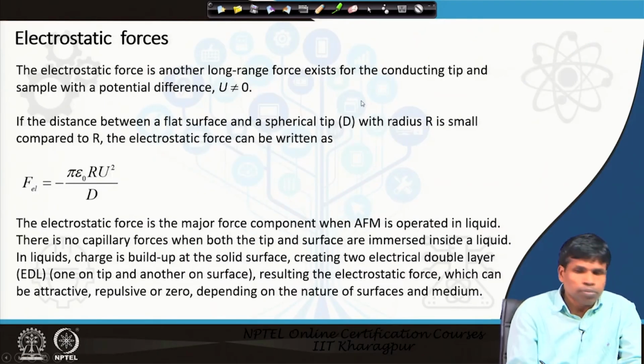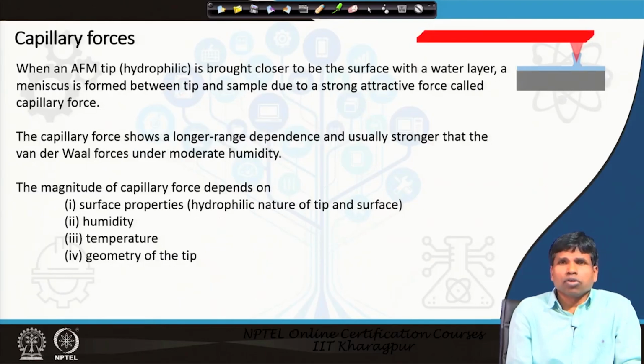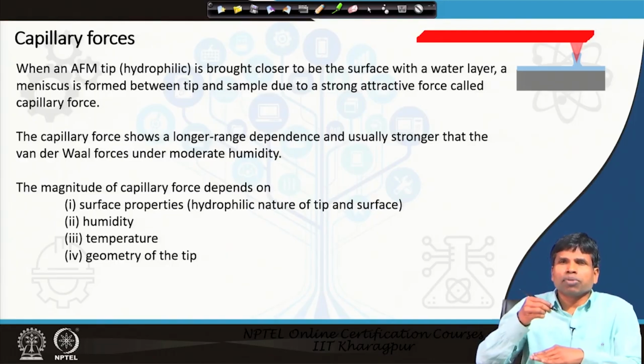Then if we look at the capillary force, which is one of the long range forces, when an AFM tip which is hydrophilic in nature is brought close to the surface of the water layer, then a meniscus is formed between the tip and sample. When the tip is far away, there will be zero capillary force.